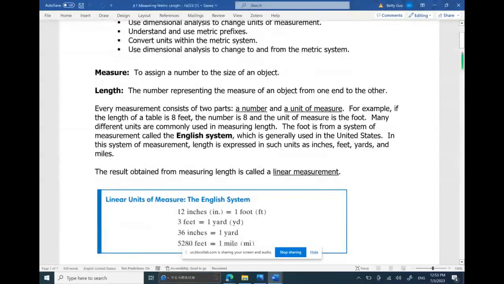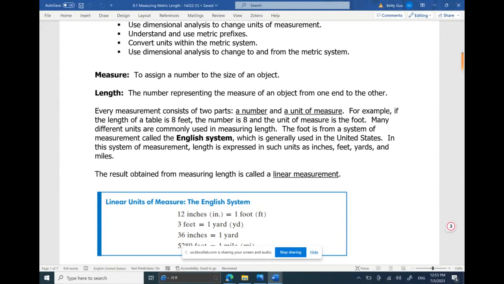In America, the United States uses the English system: inch, feet, yard, miles. In many other countries, they use the metric system. So we will see problems that convert between the two systems.